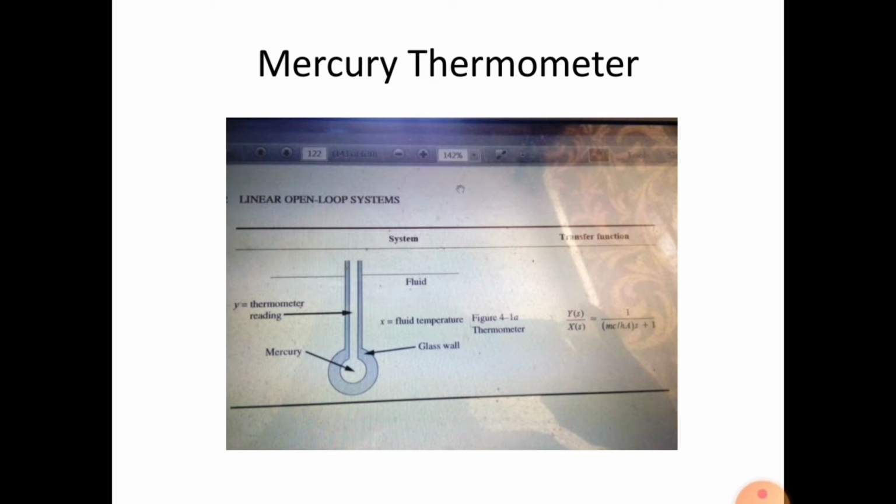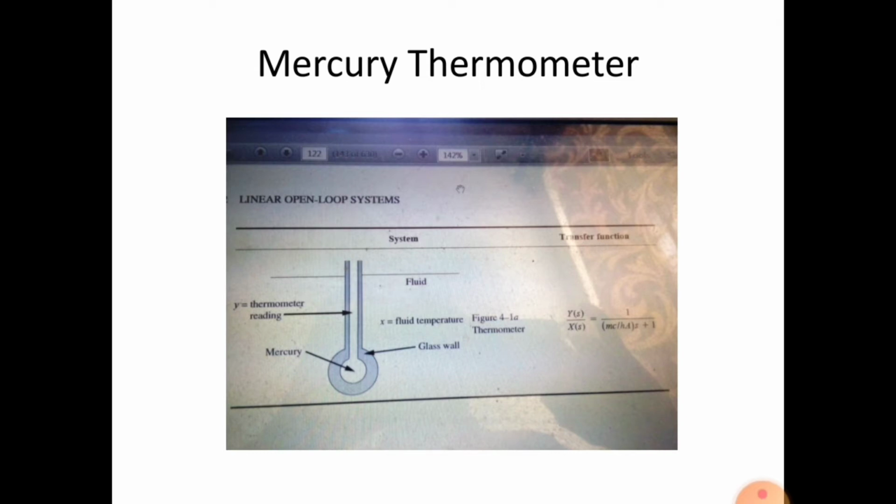This resistance depends upon the heat transfer coefficient of the film and the cross-sectional area of the film. So the product of the cross-sectional area and heat transfer coefficient gives the resistance. Next, the heat reaches the mercury. The mercury starts expanding. The rate at which the mercury is expanding depends upon the mass of the mercury and the heat capacity of the mercury.